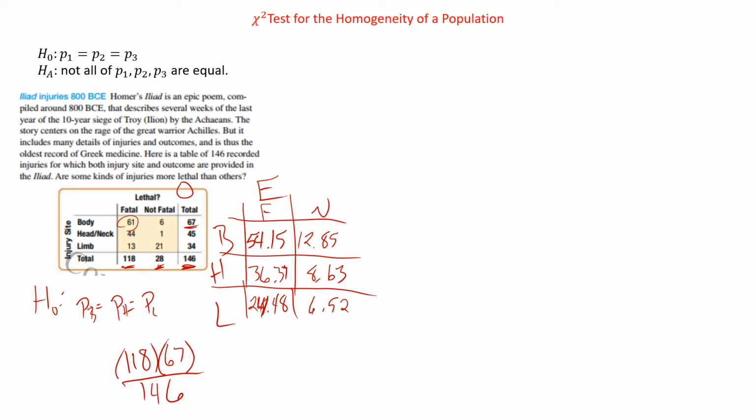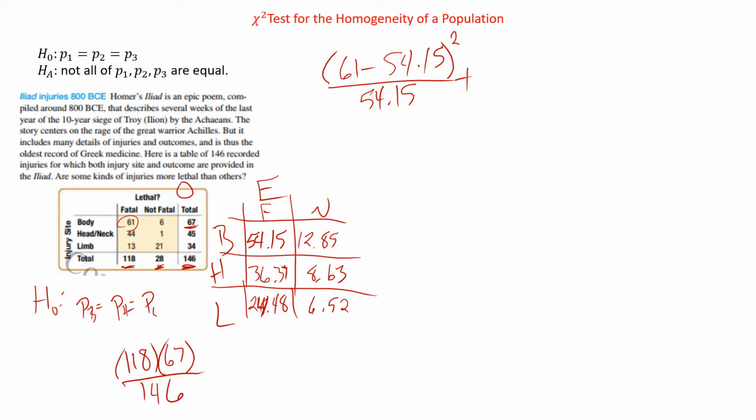So now for each of these, we're going to take the observed minus expected, squared, then divide by expected. So for that top left box, it would be 61 minus 54.15, squared, divided by 54.15.